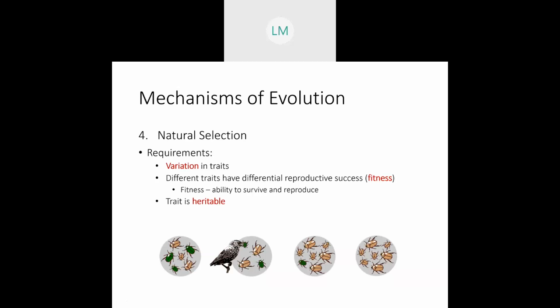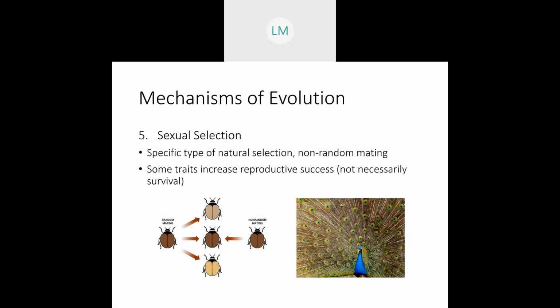So we have to have those three things in order for natural selection to work. And then the fifth mechanism of evolution is sexual selection. This is a type of natural selection, but it's just referring to mating, and it's referring to mating that is not random. So over here in our beetle figure on the left side, when we have random mating, this individual is just as likely to mate with this beetle or this beetle or this beetle.